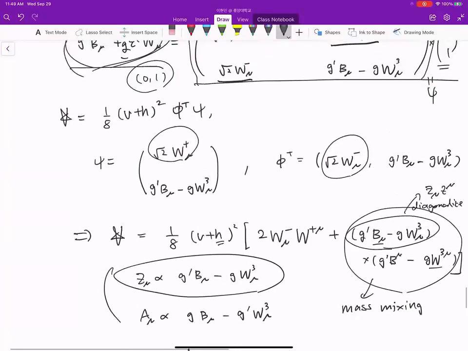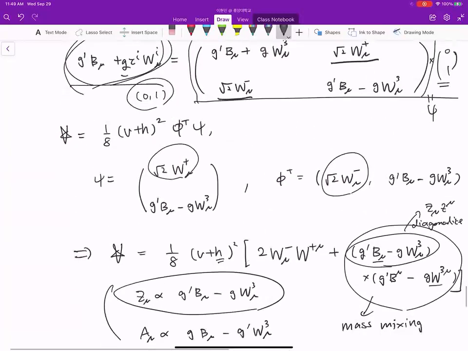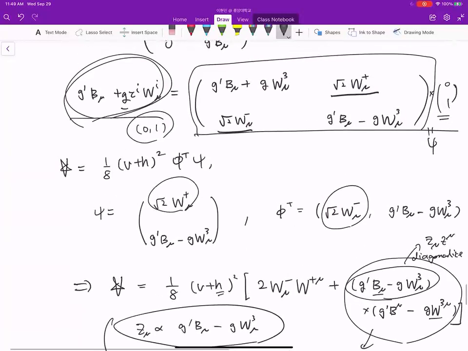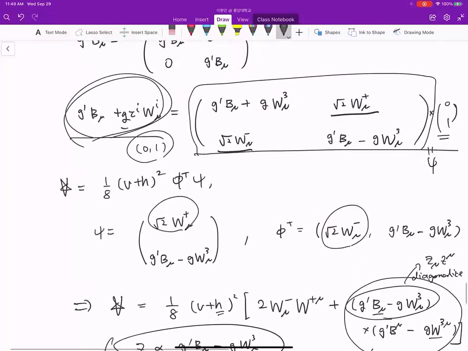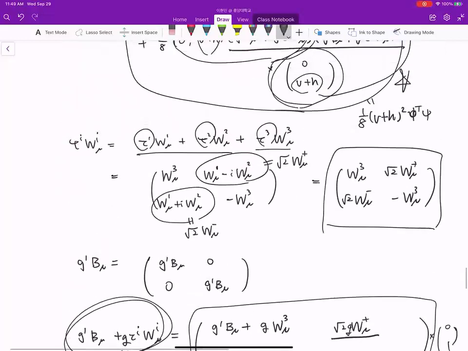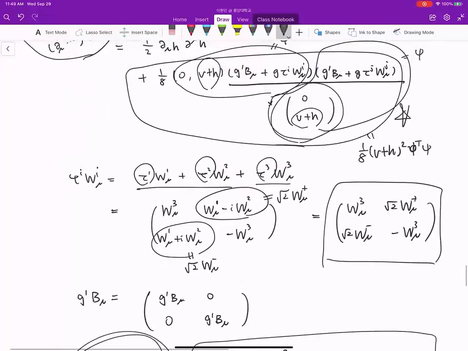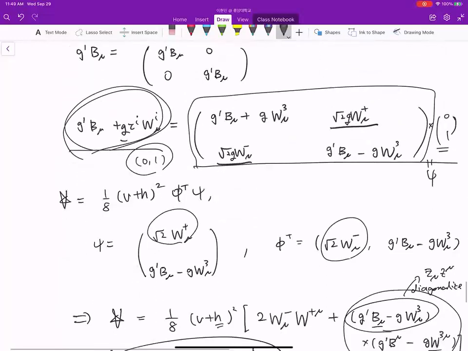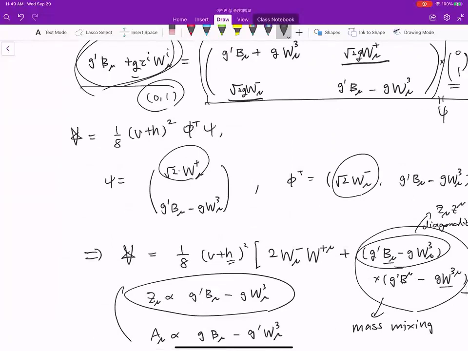Maybe I forgot something. I forgot the gauge coupling here, g. Yeah, here we need to multiply the gauge coupling g. Also here, g. Okay.